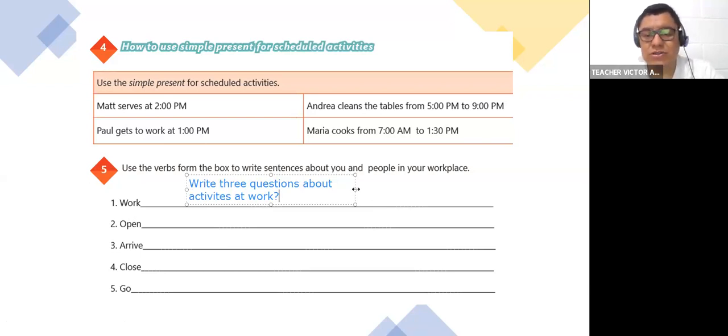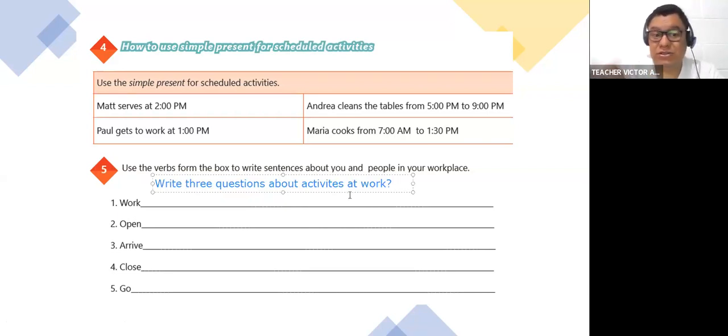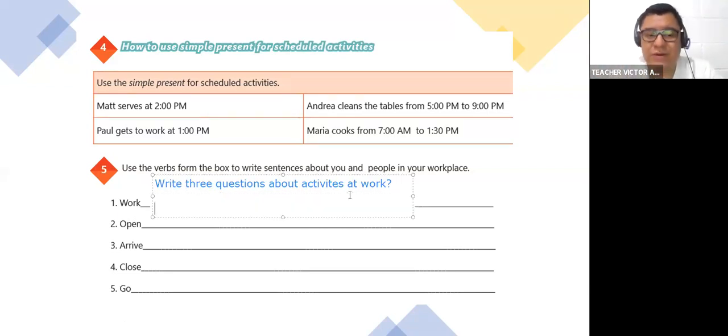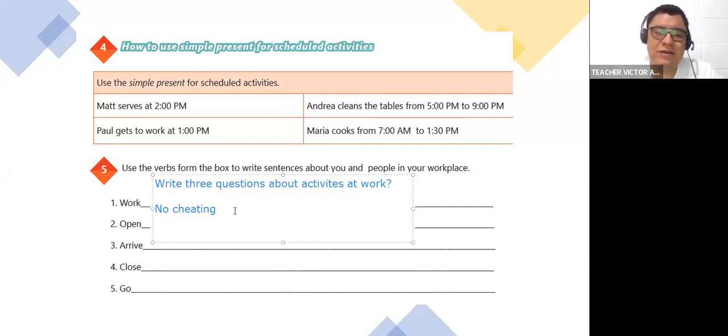You will ask these questions to your classmates. Just to give you an example, this is just an example, don't copy my example, right? No cheating. No se vale copiar, right? No cheating, the original, okay? So imagine that my question for you is, what time did you go to work?